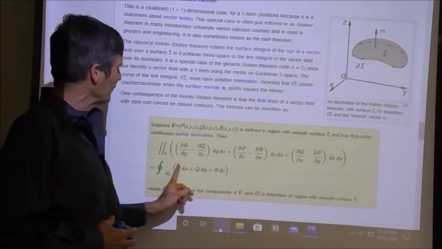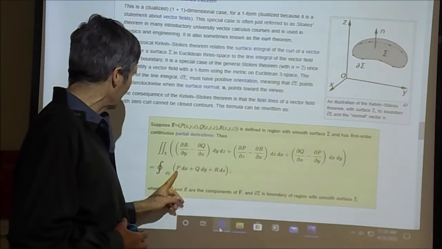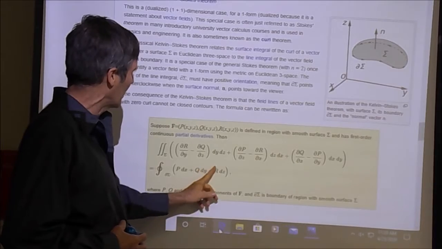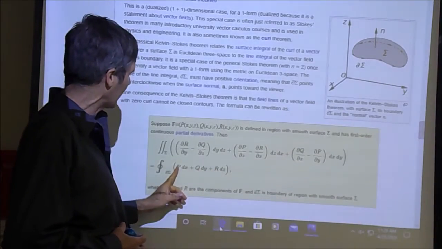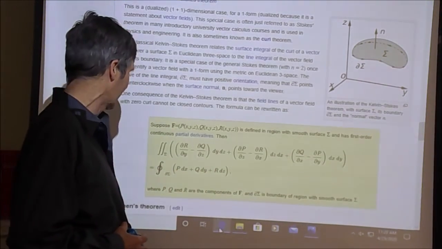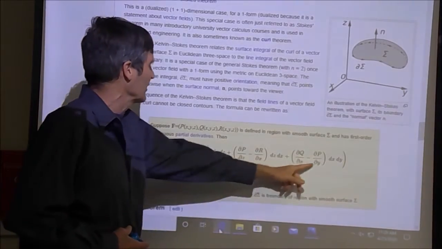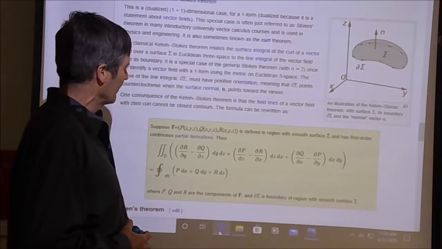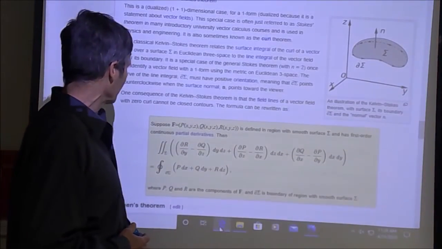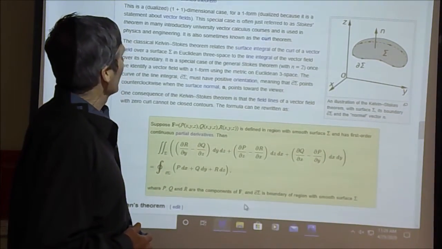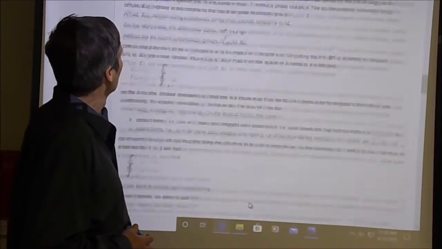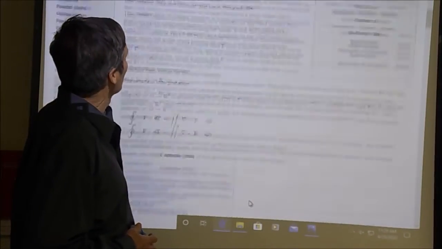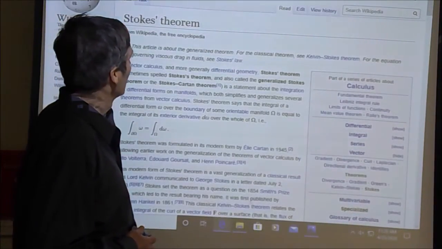This is the f dot dr written in its other format, right? In 3 dimensions, p dx plus q dy plus r dz, where f is the vector with components p, q, r, functions of x, y, and z, is equal to this. And this is just the curl of f dot n ds over the surface sigma. You have a nice write-up here in Wikipedia you can look up.